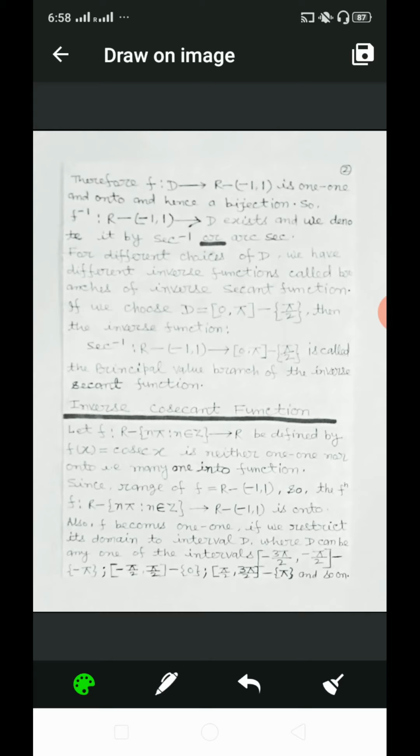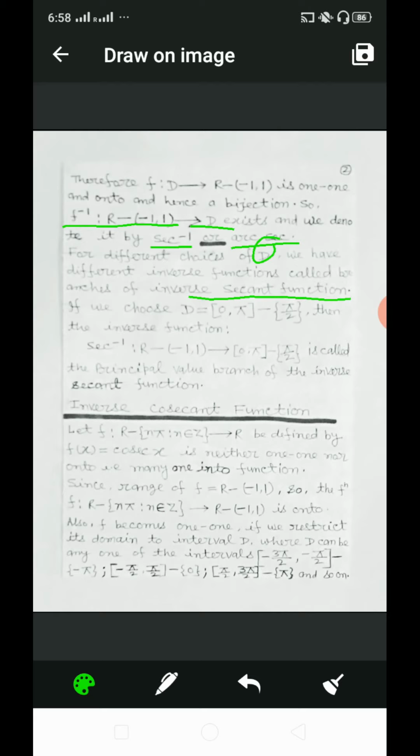So we can find the inverse of the secant function, defined as f inverse from R minus the open interval (-1, 1) to D, which exists, and we denote it by sec inverse or arc sec. Dear students, for different choices of D we have different inverse functions, called branches of the inverse secant function.